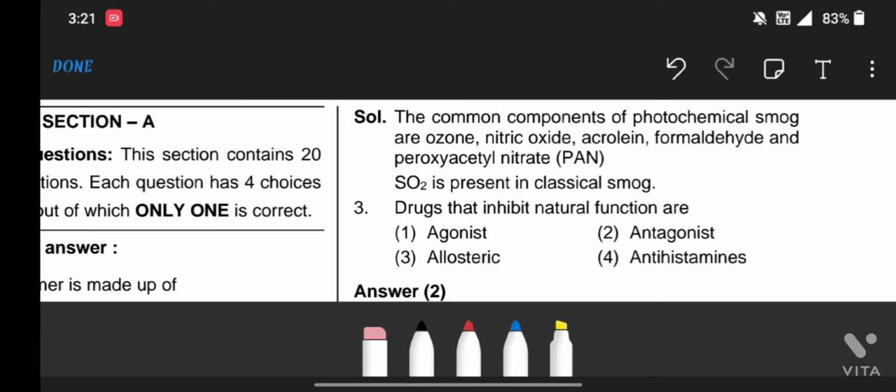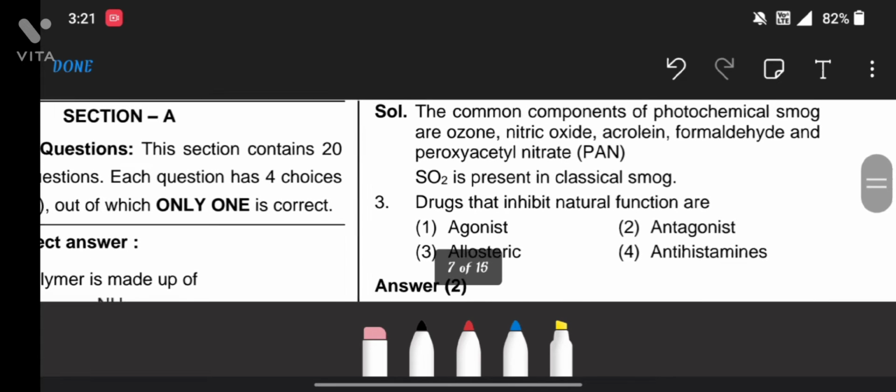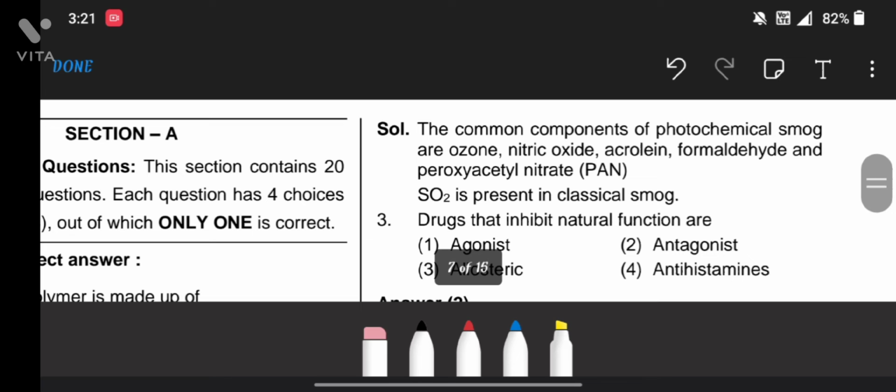Now let us move on to question number 3. Here they have asked about the drug that inhibits the natural function: agonist, antagonist, allosteric, antihistamine.